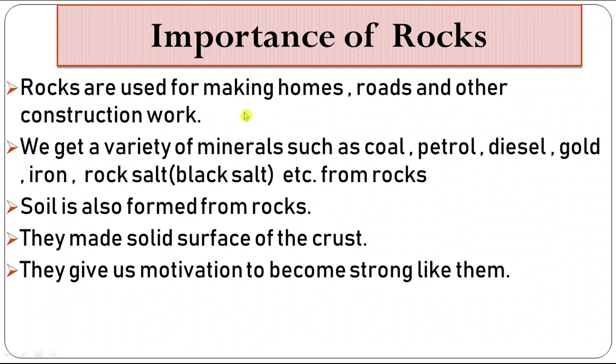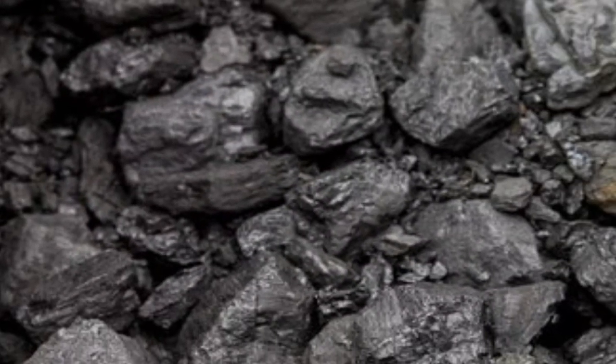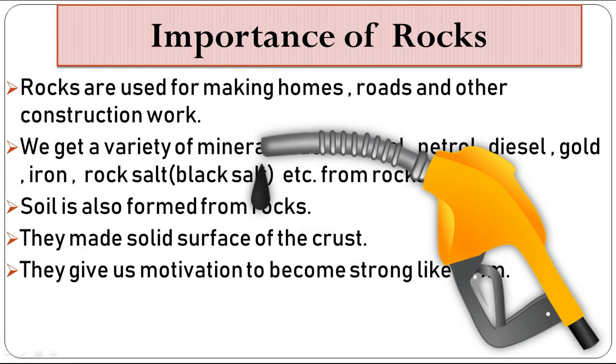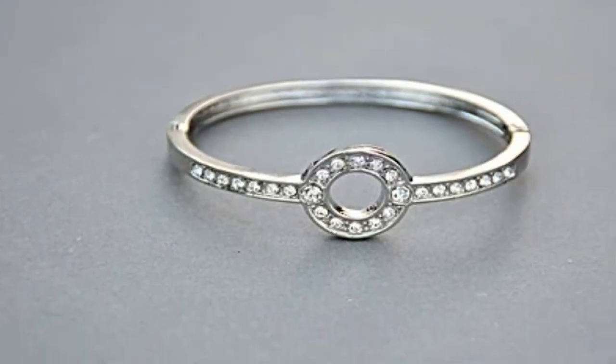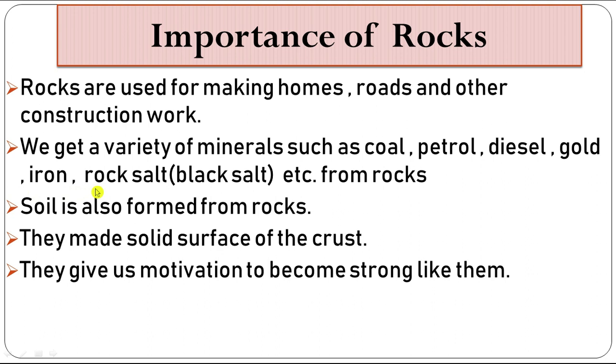Second benefit of rocks is we get a variety of minerals such as coal, petrol, diesel, gold, iron, rock salt, which we call black salt, etc., and many other types of minerals we get from the rocks.